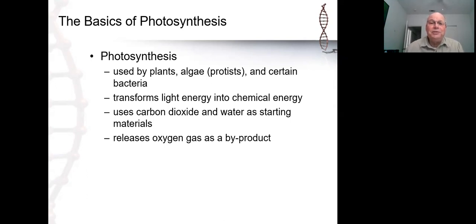So photosynthesis historically must have had a huge impact on the history of life too, because without photosynthesis as we know it today, there would be no cell respiration as we know it today, because there'd be no oxygen in the atmosphere. So there are a number of really important reasons for understanding more about photosynthesis and recognizing just how significant it truly is and has been over the history of life.